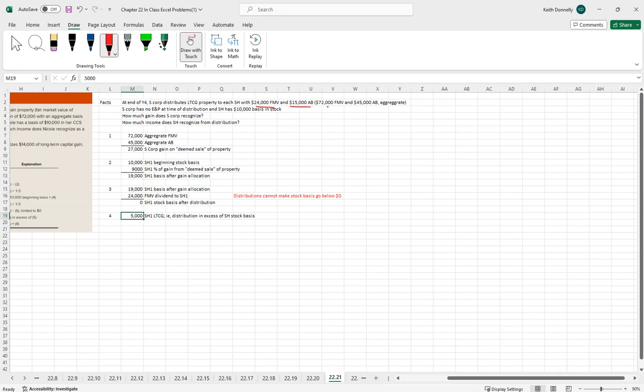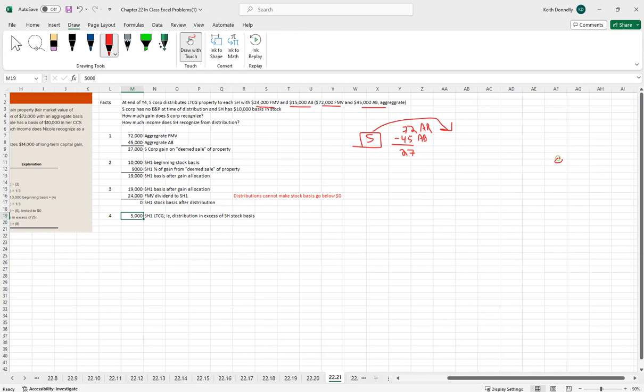So each of them gets that, but at the total aggregate level, the S Corp is pushing out property that has 72 fair market value and 45 adjusted basis. So amount realized minus adjusted basis gives us a $27,000 gain.